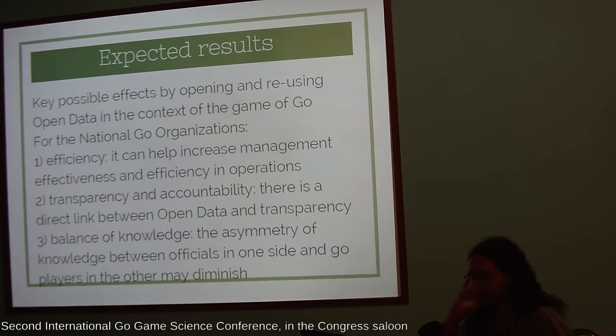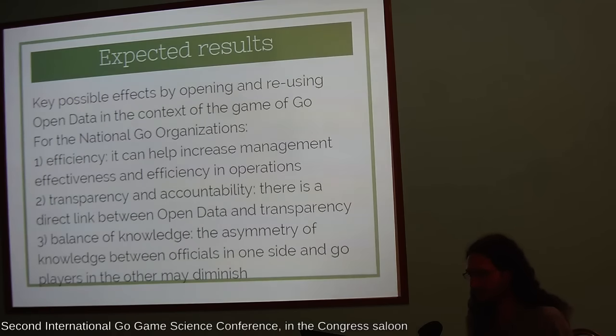So these are some possible effects. This is a bit, let's say, theoretical, and I think we won't see the effect in the next months or maybe first years, but it's a long-term goal.